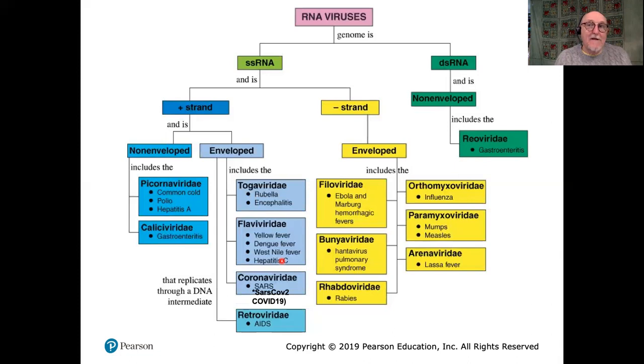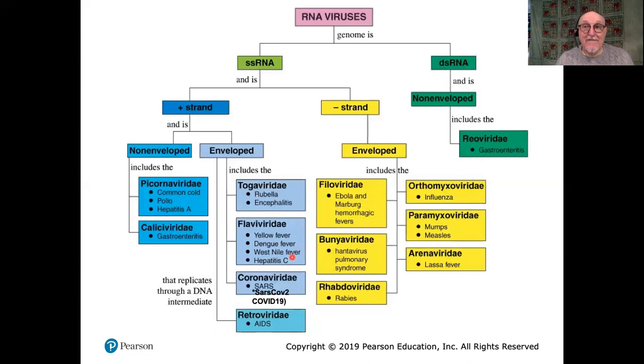Many of the flaviviridae have a dual host range, between mosquitoes and other animals, especially humans. Here are some you will certainly have heard of if you've paid attention to the news in the last couple of years. Yellow fever is one of them. Dengue fever is another, and the other is West Nile fever.